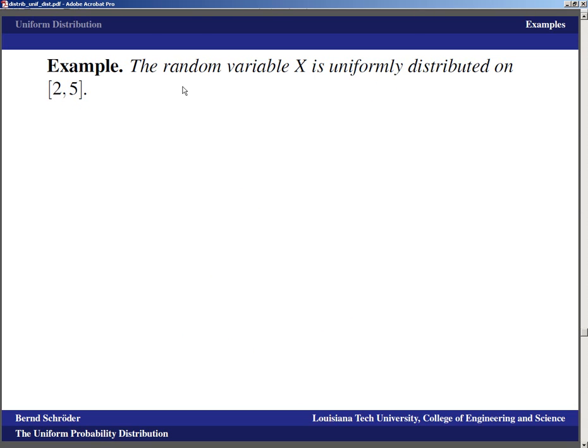Okay, so now let's keep looking at the random variable that is distributed uniformly between 2 and 5, and let's look at a different problem. Let's look at the problem of computing a value x so that the probability that our random variable is greater than or equal to x is 0.7.